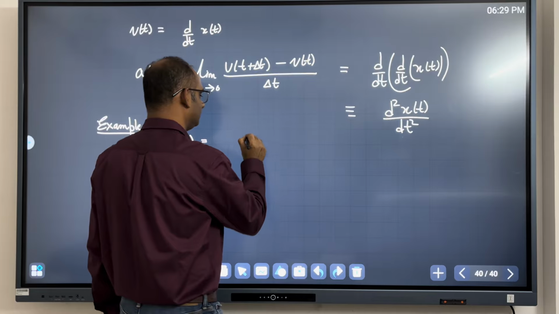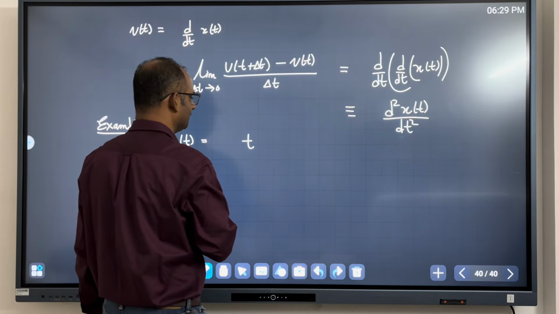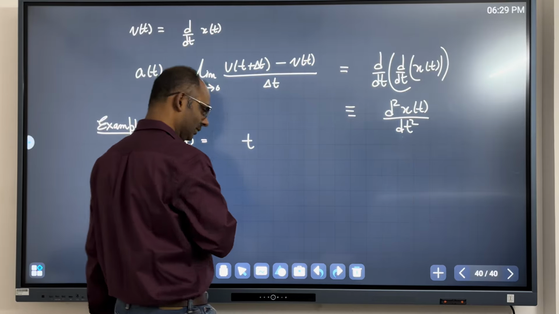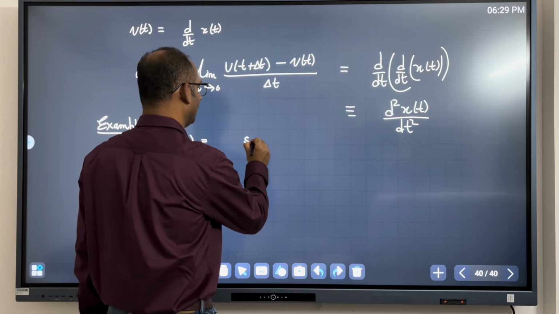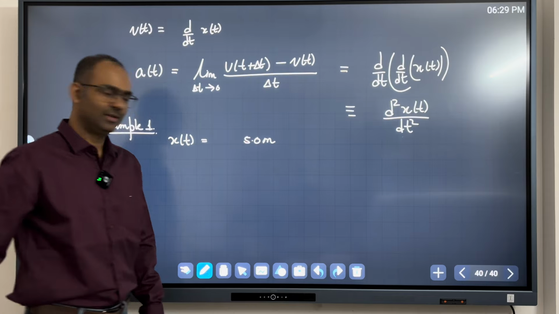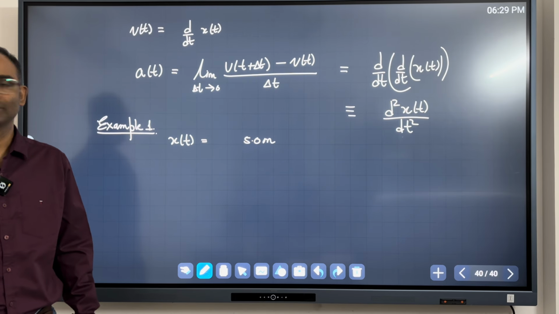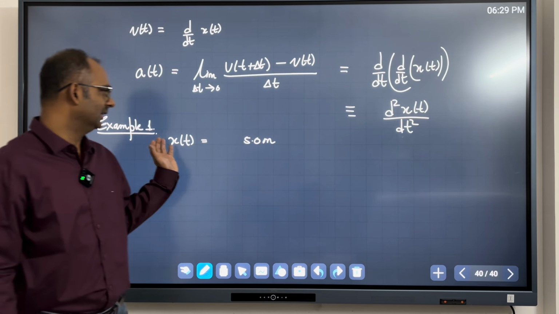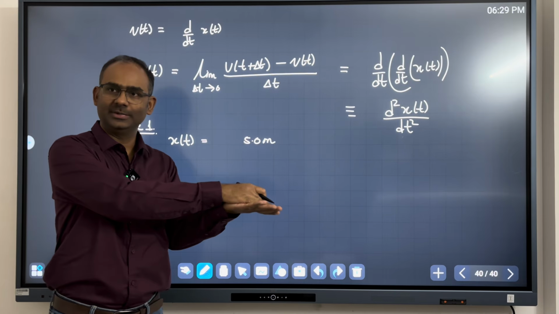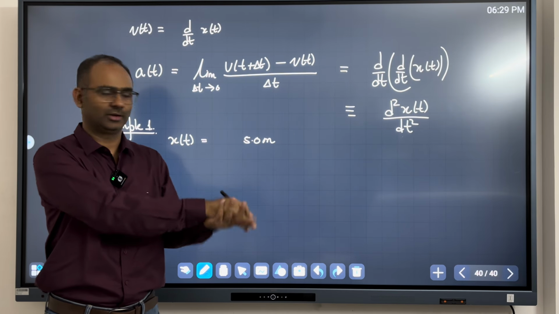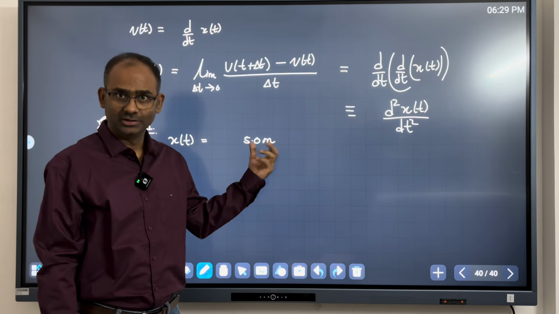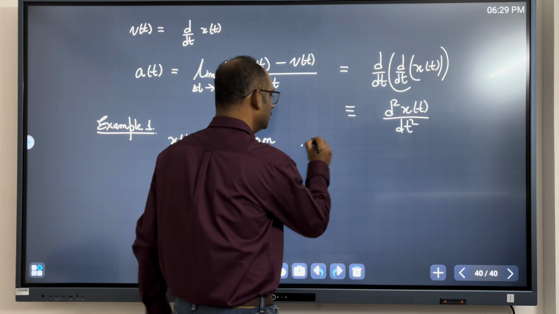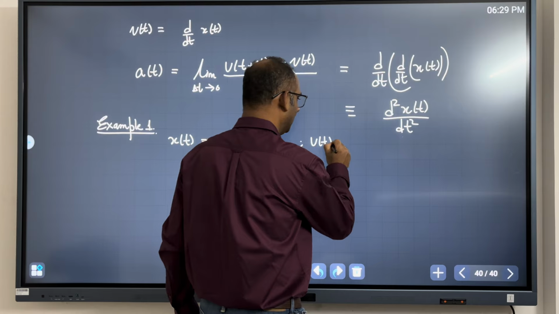Let's take a constant thing. So I say 5.0 meters. What's its velocity? 0. You can already see it's staying always at 5 meters. So it's not moving, so its velocity is 0. Or if you take the derivative of a constant, it is 0. So v at all times is 0.